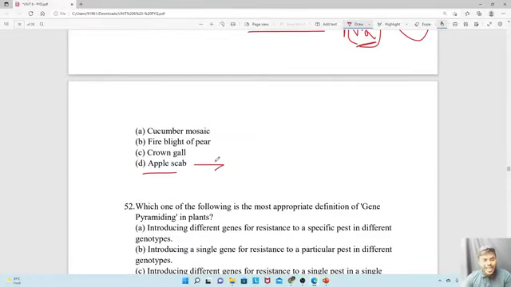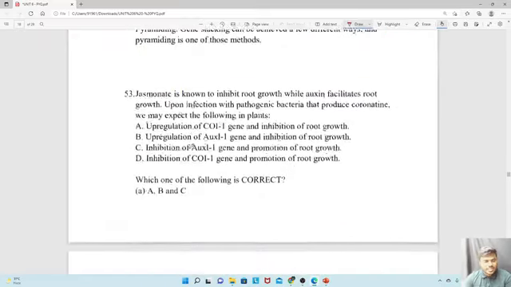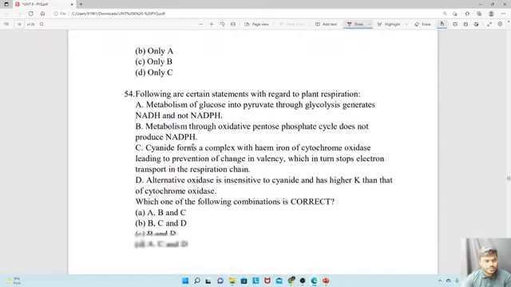Good. So apple scab is the fungal disease. It's a very direct question, nothing to explain there. It is basically caused by Venturia inaequalis. Very good. The remaining are bacterial and viral diseases.